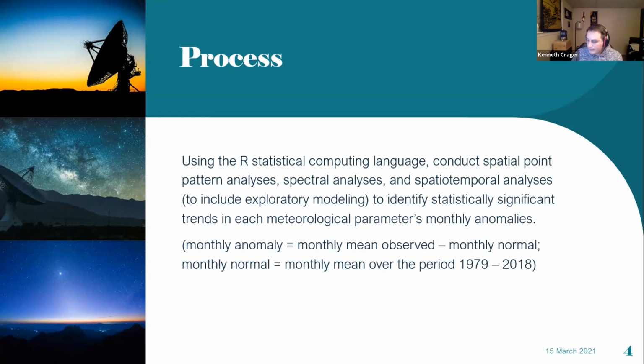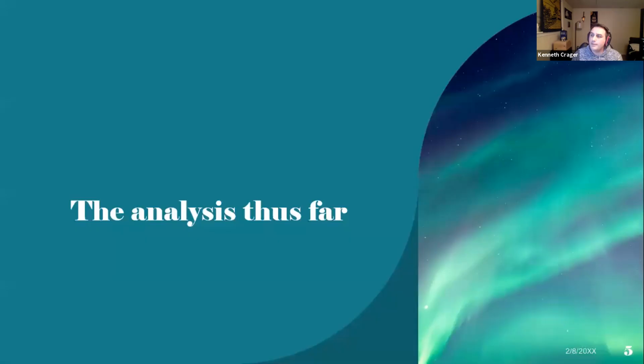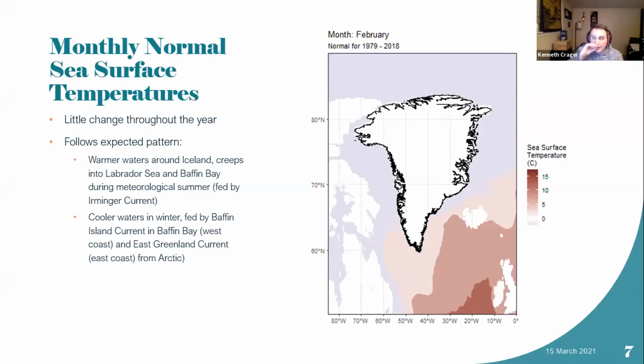So it's a great data set. Thus far, I've been able to knock out some analyses. We'll start off with the easiest to digest, the normals for my 4 parameters.